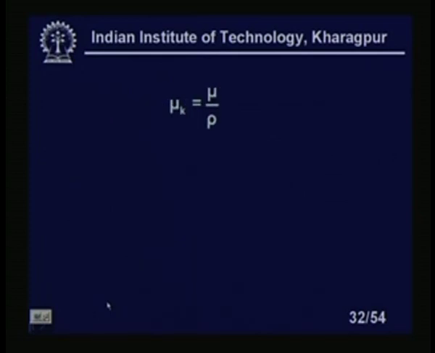So, kinematic viscosity we define as mu by rho. Another term we define is the absolute viscosity or dynamic viscosity.